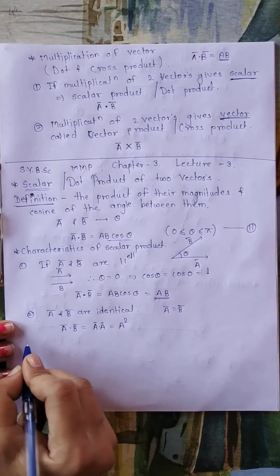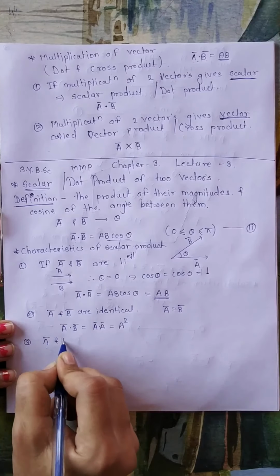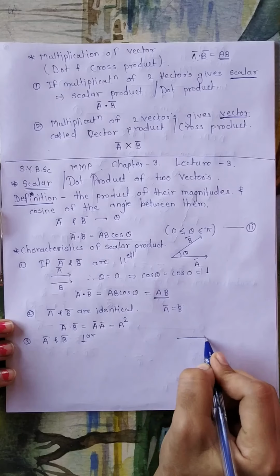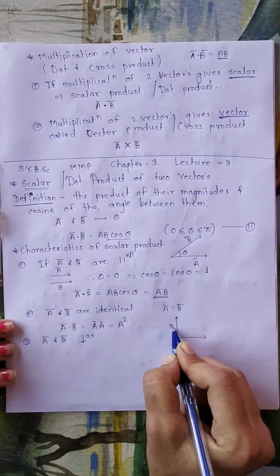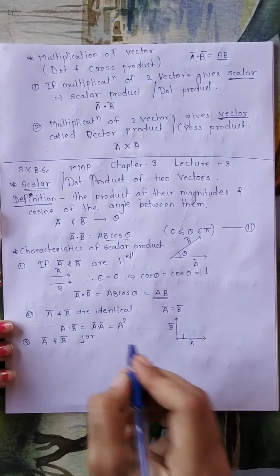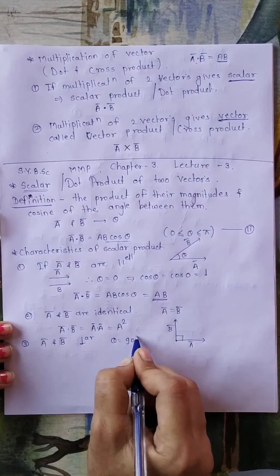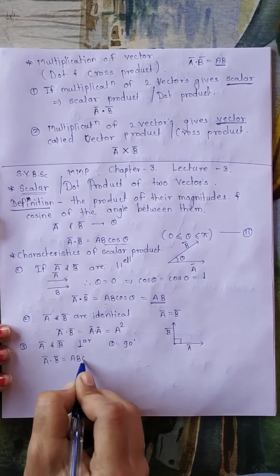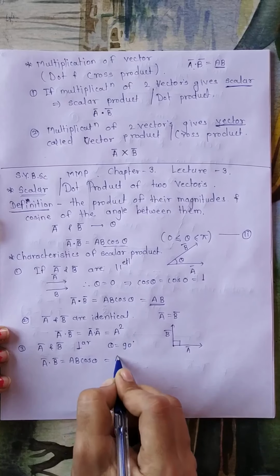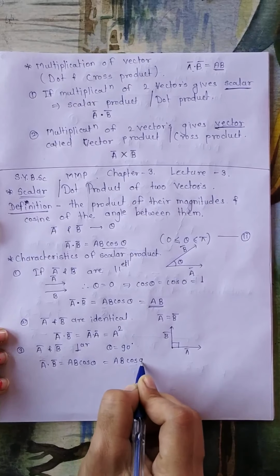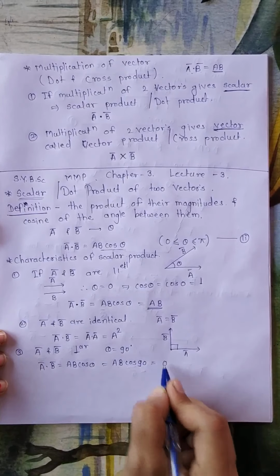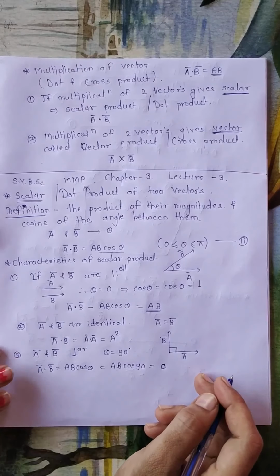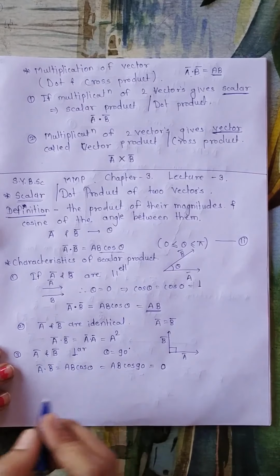Now if two vectors are perpendicular, that is a bar and b bar are perpendicular to each other, this is the picture. Suppose this is b bar and this is a bar, therefore the angle between them theta is equal to 90, and a bar dot b bar is ab cos theta, that is ab cos 90. The value of cos 90 is 0, therefore this dot product will become 0. So when two vectors are perpendicular, their dot product is 0.